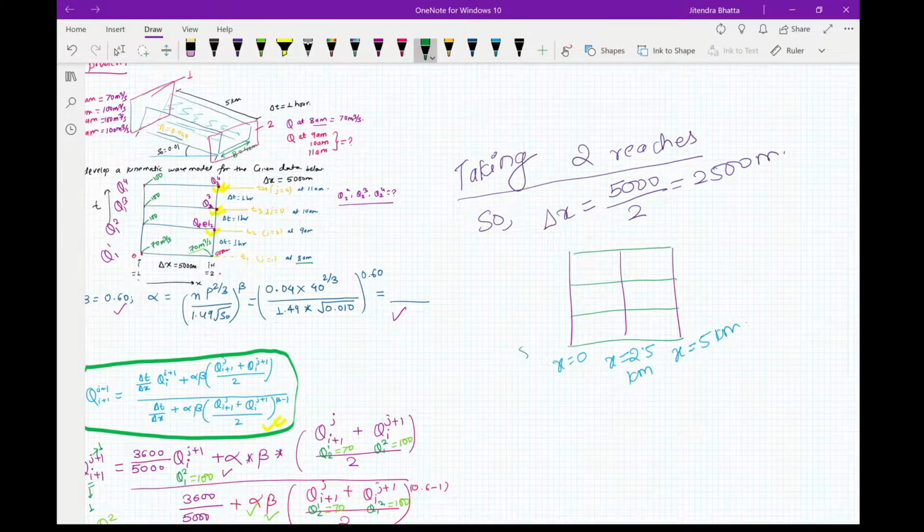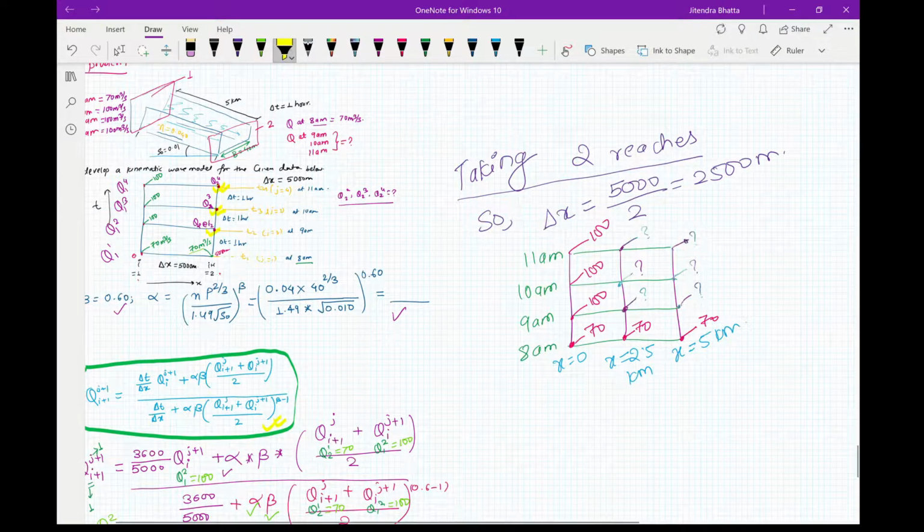This is your time at 8 a.m., 9 a.m., 10 a.m. and 11 a.m. and you are given this one 70, this one 100, 100 and 100, and let's say you are given the value here and here. Your task would be to find these flows at 2.5 kilometers and at 5 kilometers.